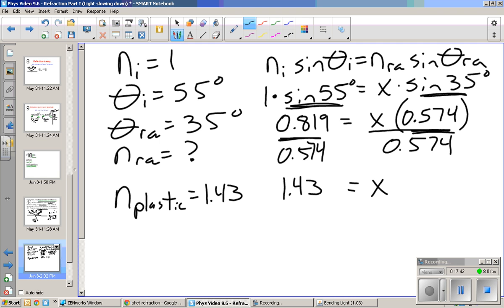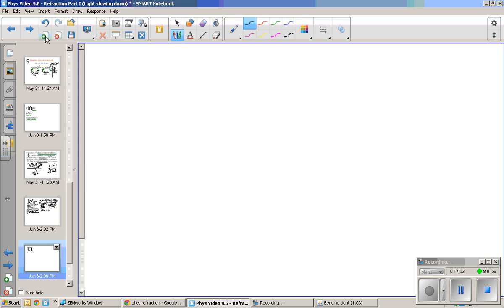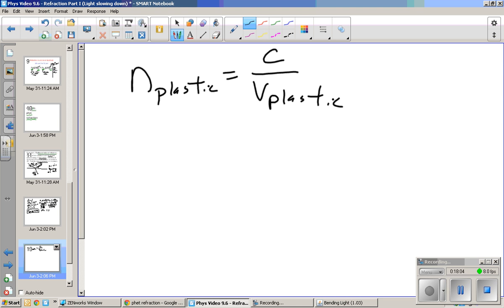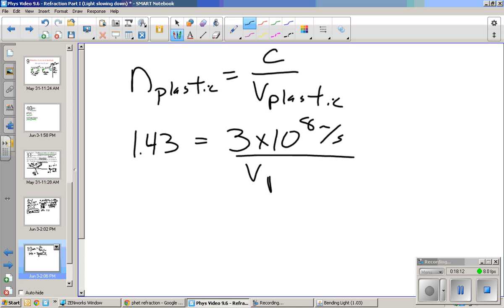Now, what I didn't put in the question that I should probably point out, because it's something you'll have to do from time to time, is this. Now that I know N for plastic, I can actually find the speed of light in plastic. Remember, this equation is important because it allows us to convert between N and V. Right now I know N for plastic is 1.43, so that has to equal the speed of light in a vacuum divided by the velocity of light in plastic.